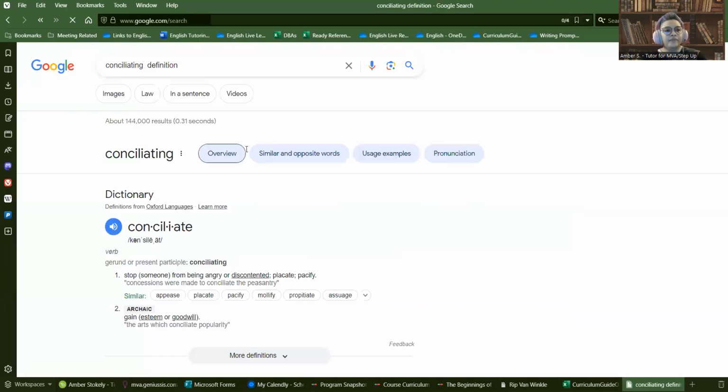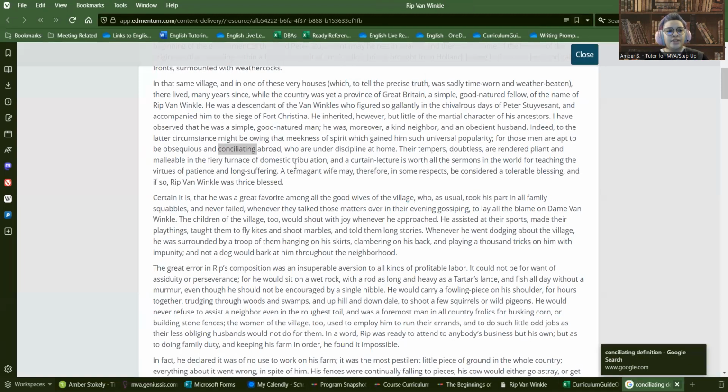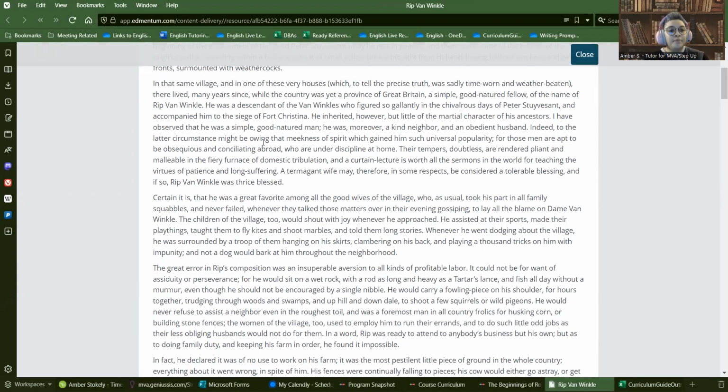So here we go. Conciliating. Yes, it says to stop someone from being angry or discontented, to placate or pacify. That means you're good at smoothing things over. You're good at de-escalating a situation, right? So they're describing him as someone who's meek. He's actually a people pleaser, and he basically doesn't like conflict, pretty much is what they're describing.